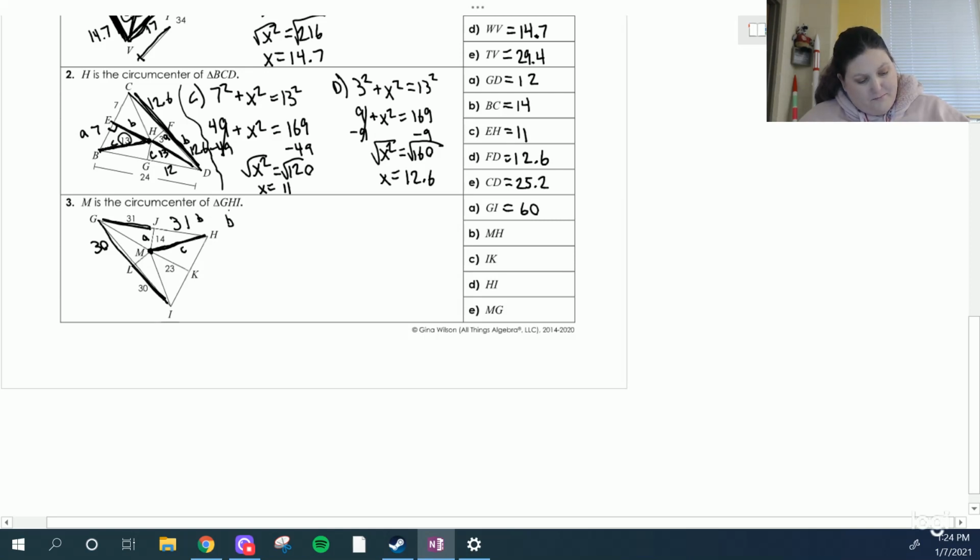So for part B, I'm going to set up 31 squared plus 14 squared equals x squared. 31 squared plus 14 squared is 1,157, and that's equal to x squared. I take the square root of both sides, and I get x equals 34. So MH is 34.